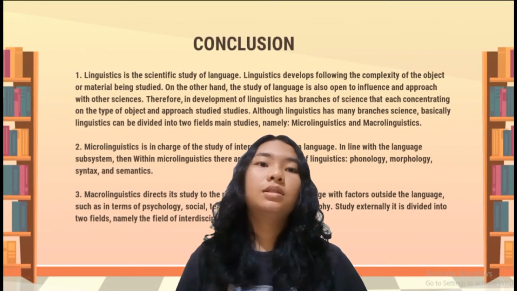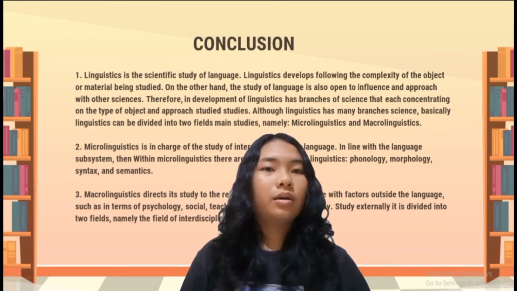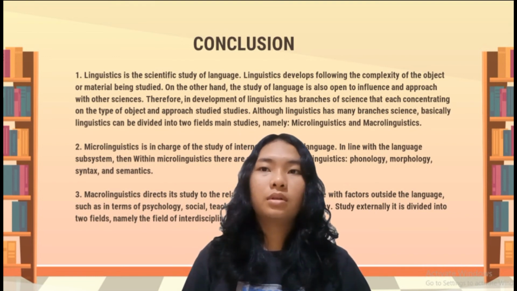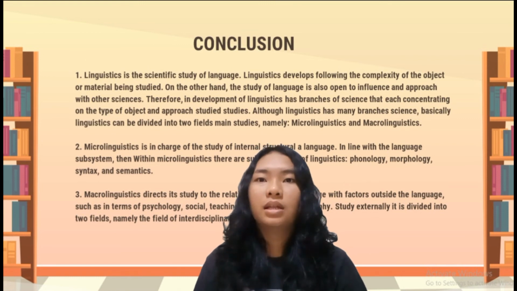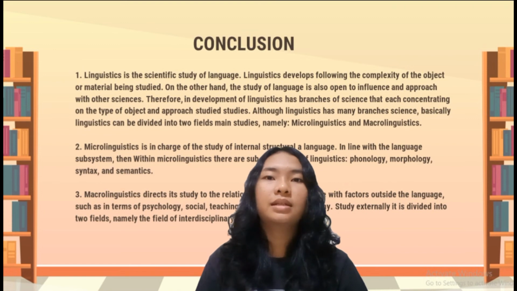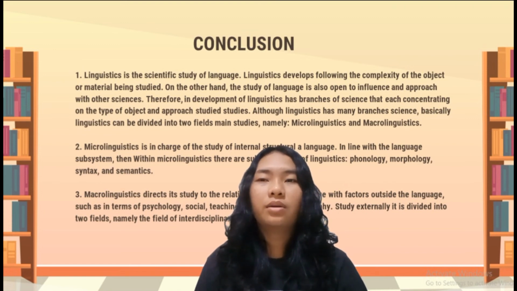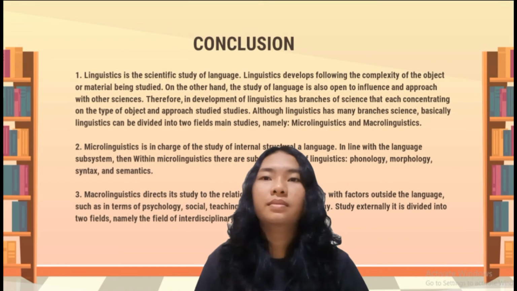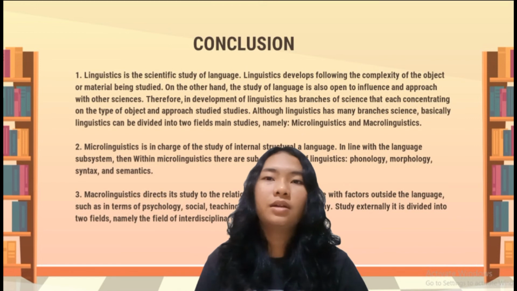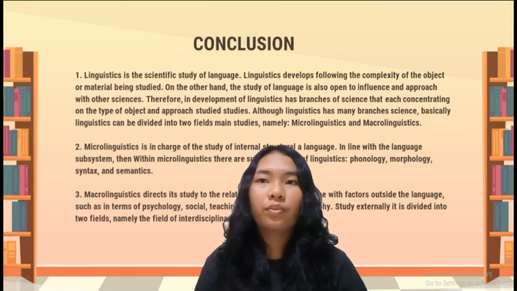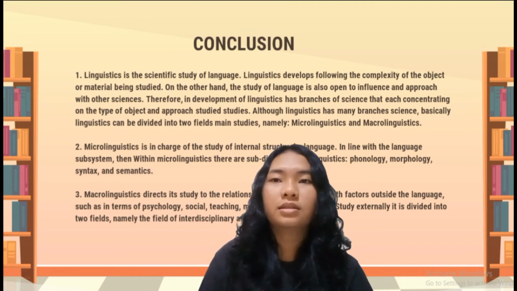So, the conclusion overall. The first conclusion is that linguistics is the scientific study of language. Linguistics develops following the complexity of the object or material being studied. On the other hand, the study of language is also open to influence and approach with other sciences.